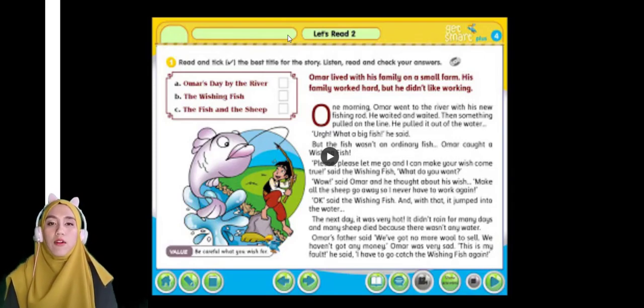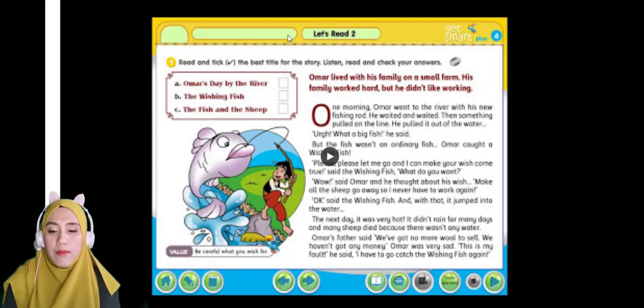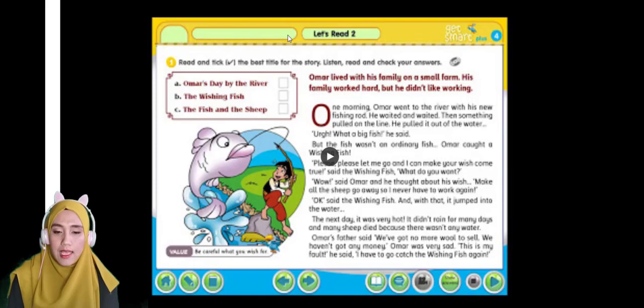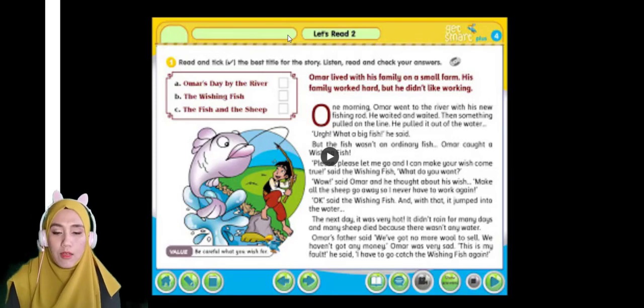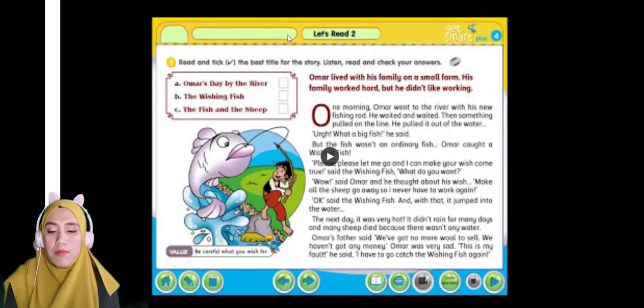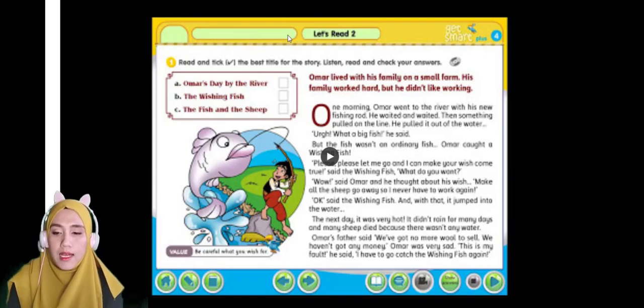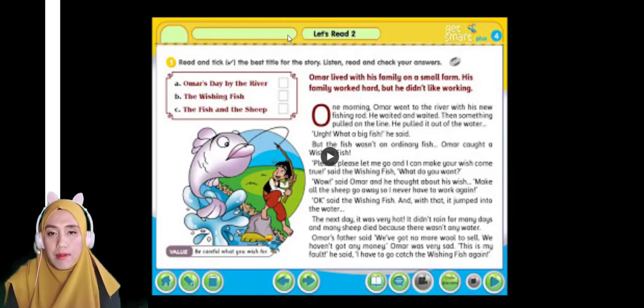So when the fish said okay, the wishing fish went back into the river. The next day it was very hot. It didn't rain for many days and many sheep died because there wasn't any water. Omar's father said, we've got no more wool to sell.